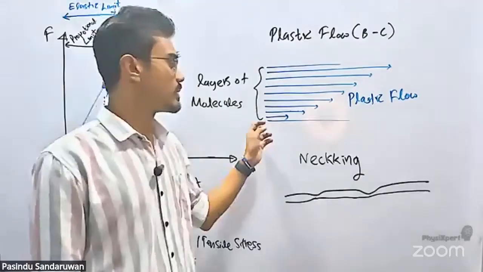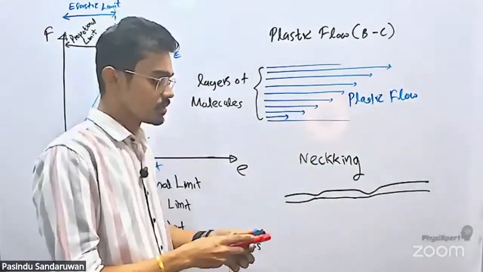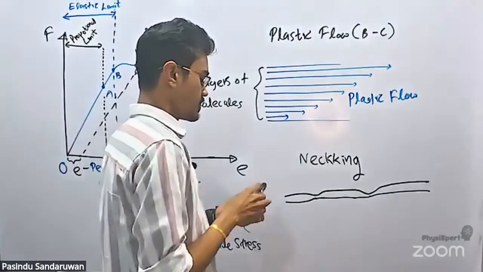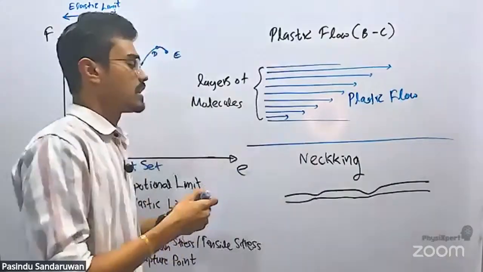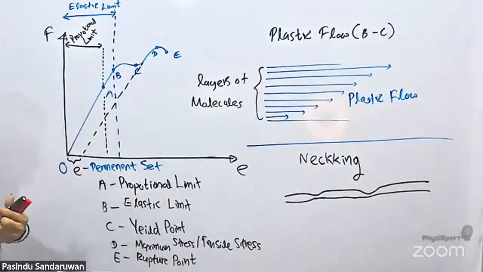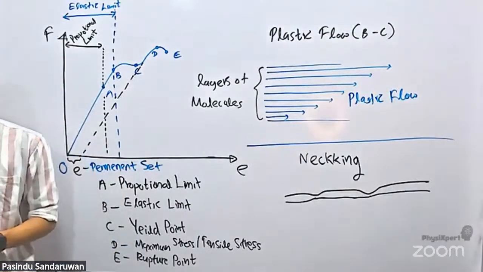Write down below. Only the plastic flow. Don't take this down, only up to plastic flow. Write down below plastic flow.